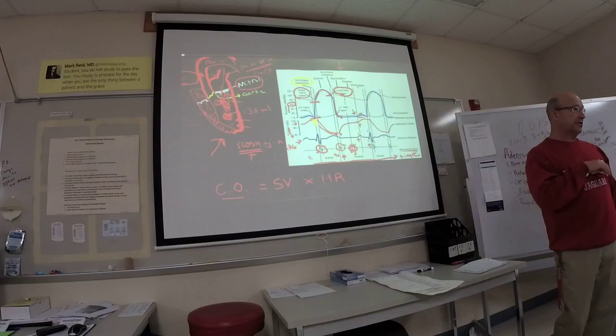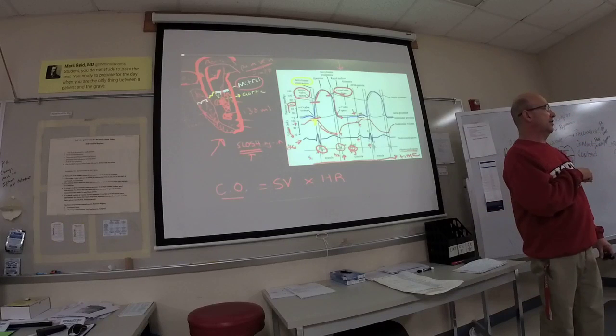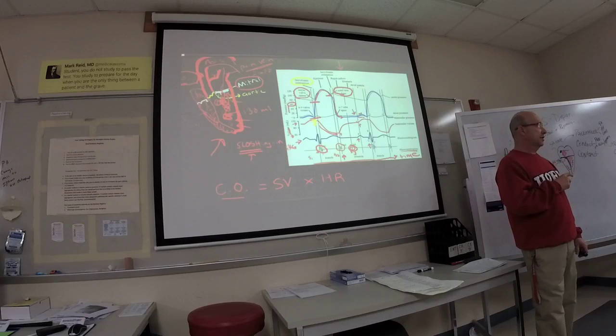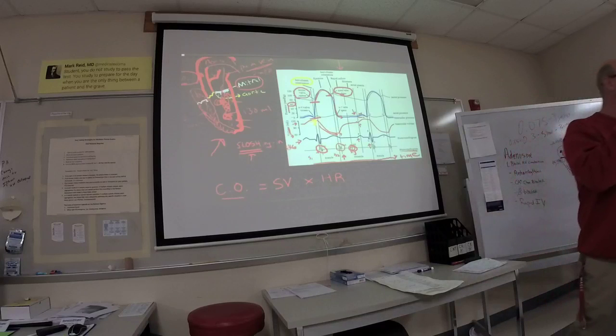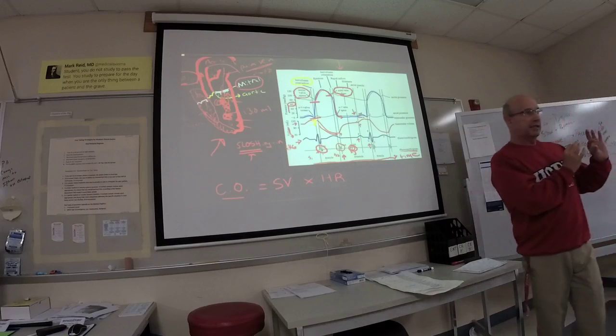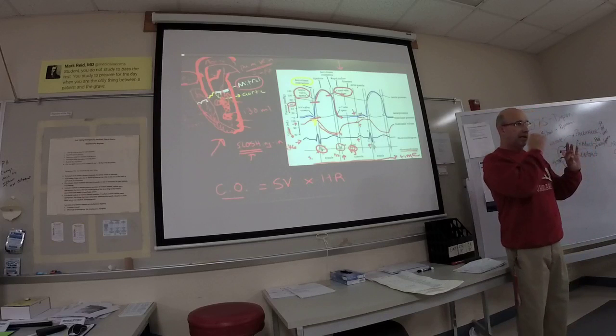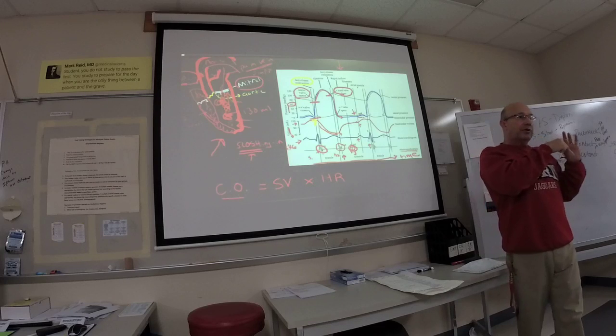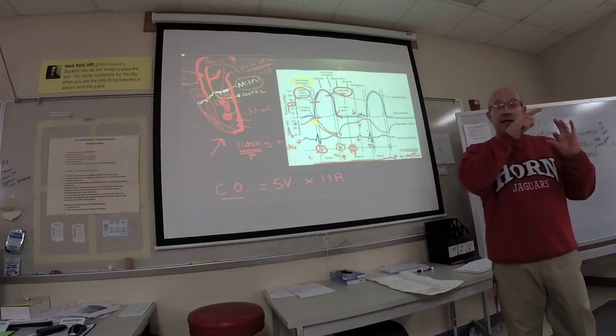With a Swan-Ganz catheter, you can do what's called a pulmonary capillary wedge. You blow up a little balloon in a pulmonary capillary where the distal end of this catheter is, and it gives you an electronic look at the left ventricle. So if this pulmonary capillary pressure is high, it means something.